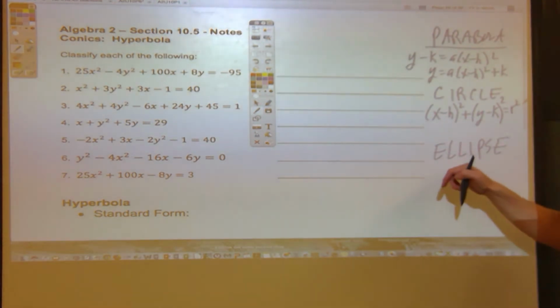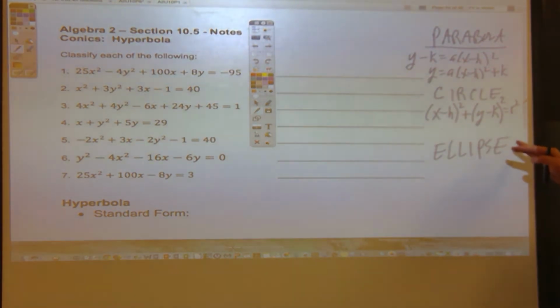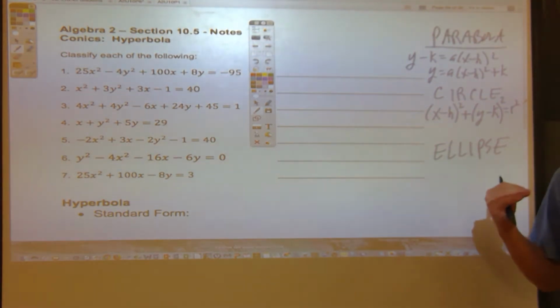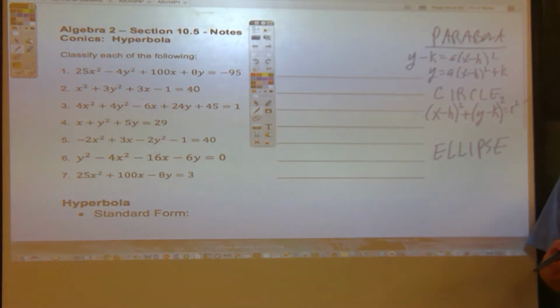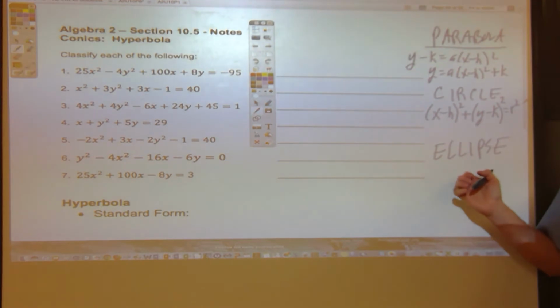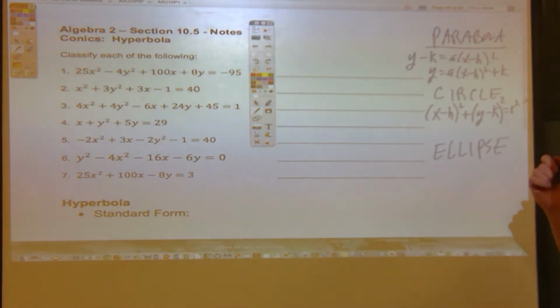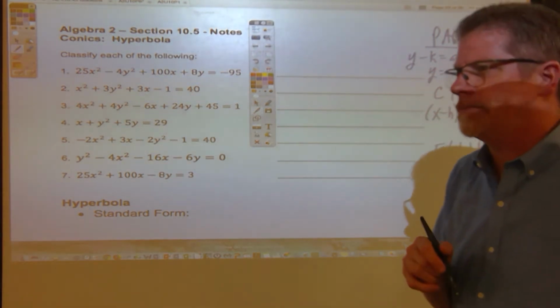Now, let's do the ellipse. The ellipse one is really similar to the circle standard form, except not only do you have x, y, h, k, you also have a and b. So rack your brains to try to see if you can remember the standard form of an ellipse. Go ahead and write it down if you haven't already.